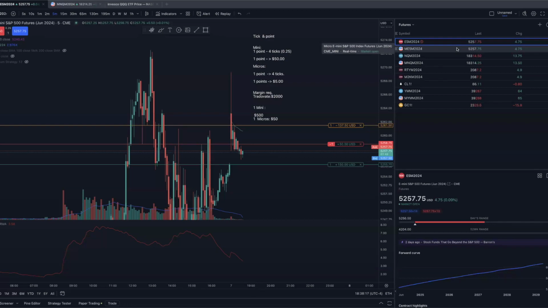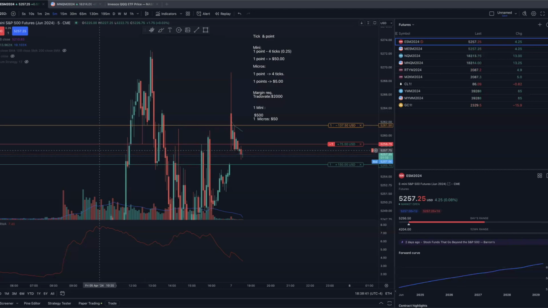So we discussed the S&P 500 futures. Now I'm just going to give you guys the ticker symbols which you need to be looking out for. You can note them down. I'm just going to type them in the Zoom chat. For the mini contract, ESM 2024. And if you're trading micro contracts, it's MESM 2024, and this is for micro.